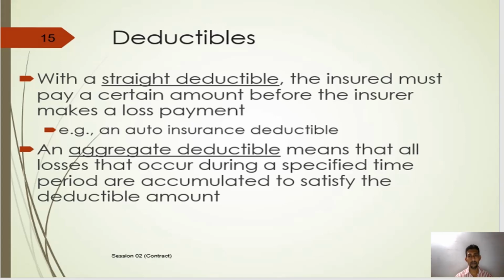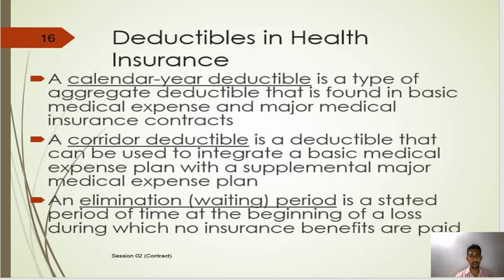Also, when it comes to deductibles, we have different types of deductibles like straight deductibles and aggregate deductibles, and depending on the insurance policies we see different types of deductibles. Even in examples like health insurance, we find a couple of deductibles: a calendar year deductible, a corridor deductible, and an elimination or waiting period.